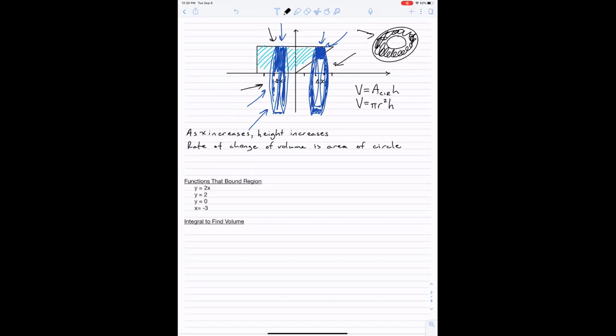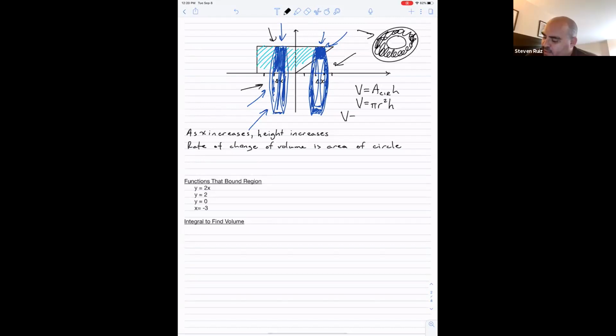So then, if we think about that, we can extend this to 3 dimensions. This one right here assumes that I have one radius. It's solid. There is no circle removed from the center. This one right here accounts for the fact that there might be.